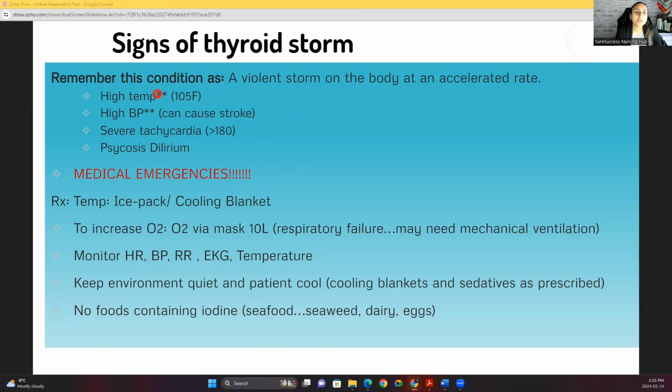How are we dealing with high temperature? Give the ice pack, cooling blanket, start the oxygen, and monitor the vital signs. Give sedatives, because psychosis and delirium are happening. And strictly no iodine food at all. Got it?